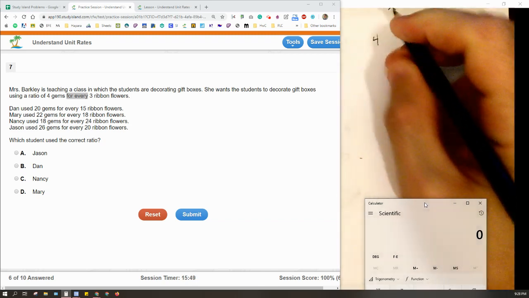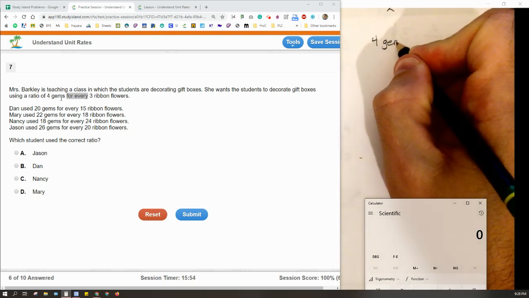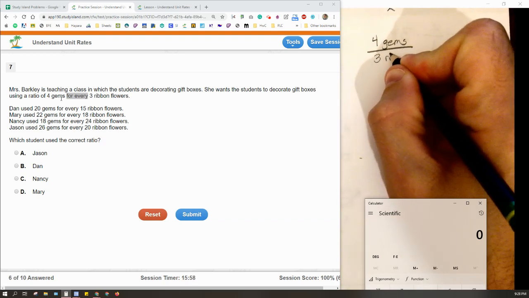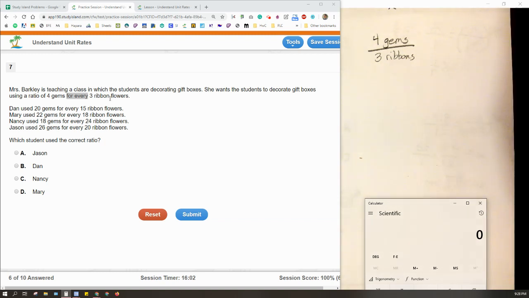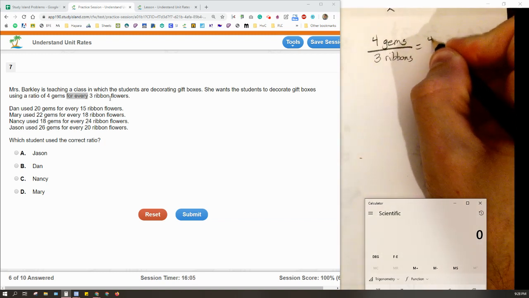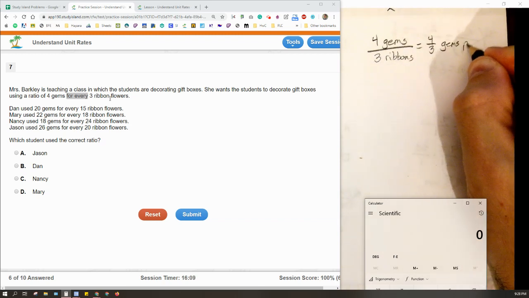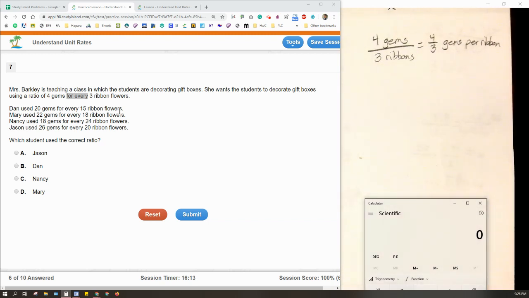Because 4 gems divided by 3 ribbons, and again it said 4 gems for every 3 ribbons, equals 4/3 gems per ribbon. Now that's a little weird because you have a fraction of a gem, 4/3, that's 1 and 1/3 gems, right? But as long as the fraction that we get from our answer simplifies to 4/3, we have the right answer.